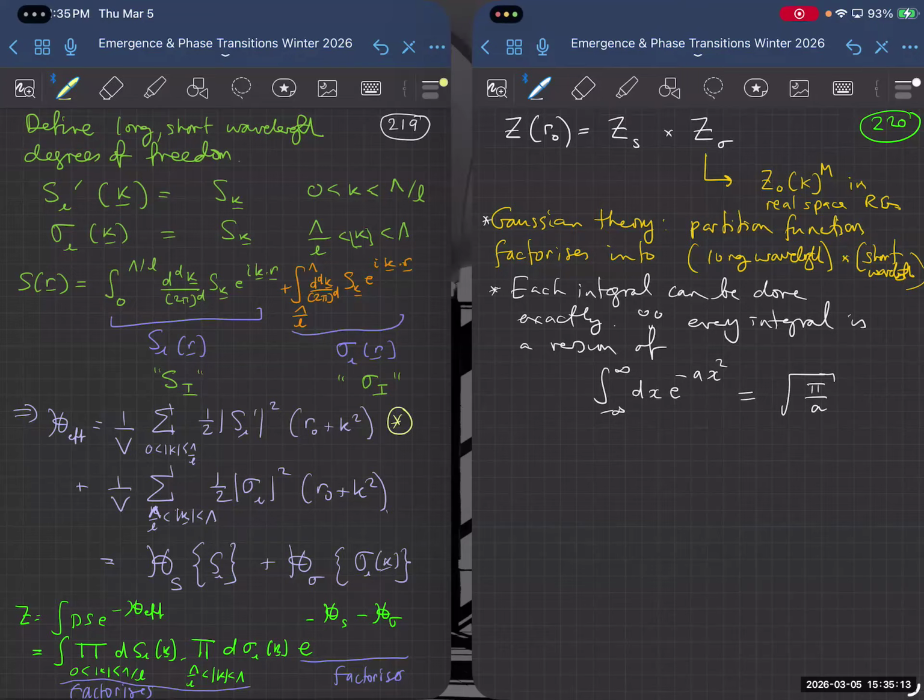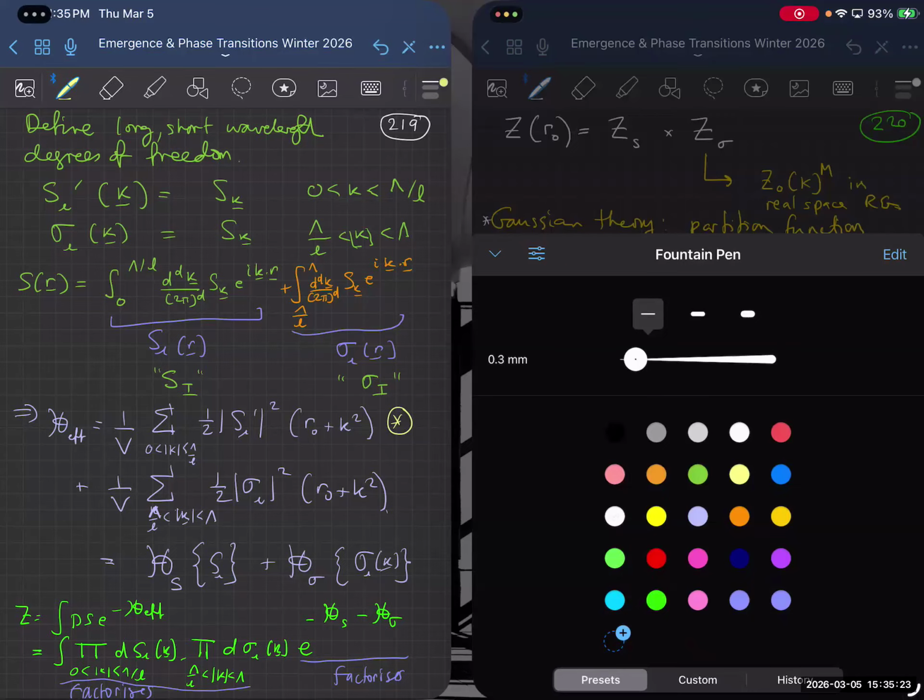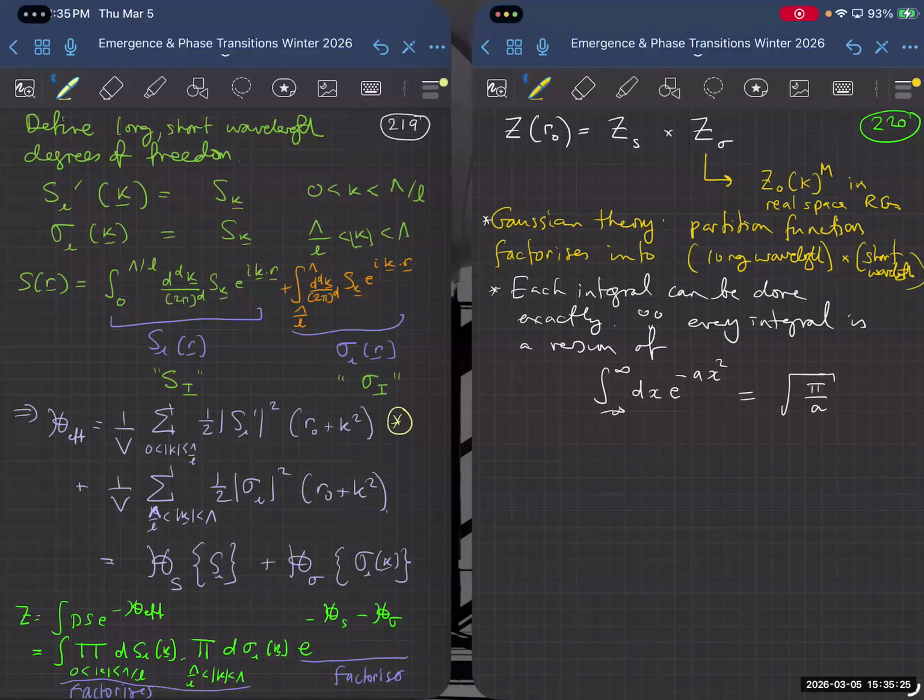Okay, so what we have to do is now take the product of these two things. So there's a complication that I want to explain. If we're going to do this correctly, we have to remember the following thing.